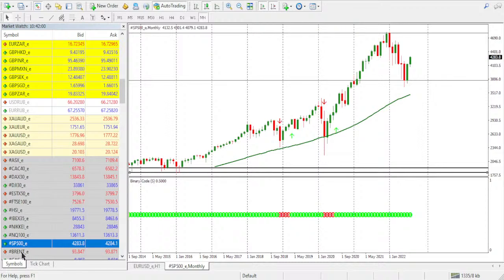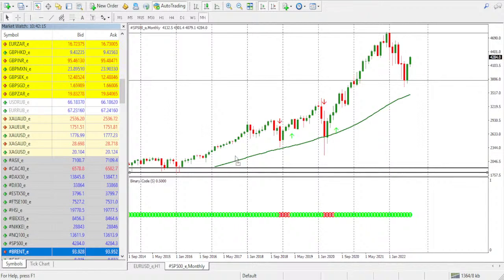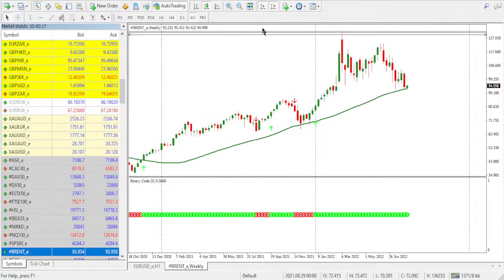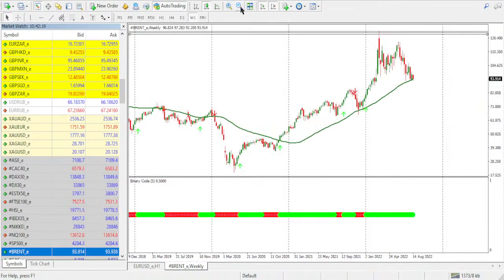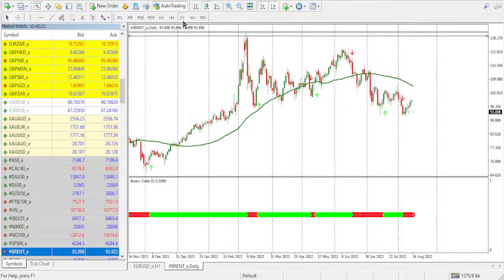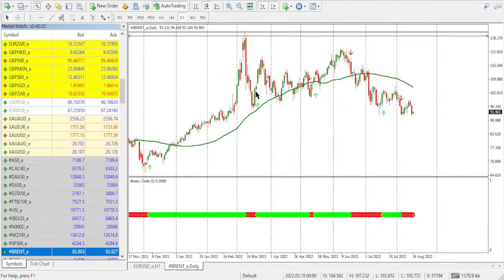The next instrument I want us to look at, Brent oil. So with Brent oil so far, we are having a very good shape.